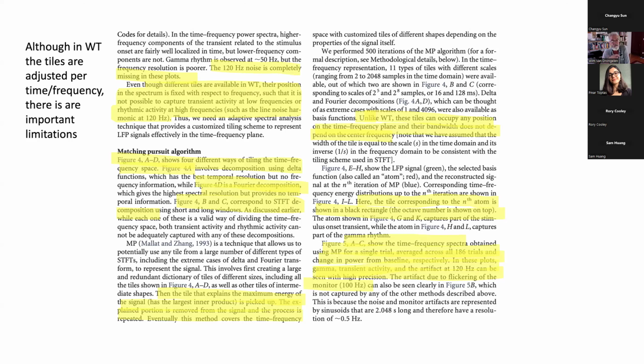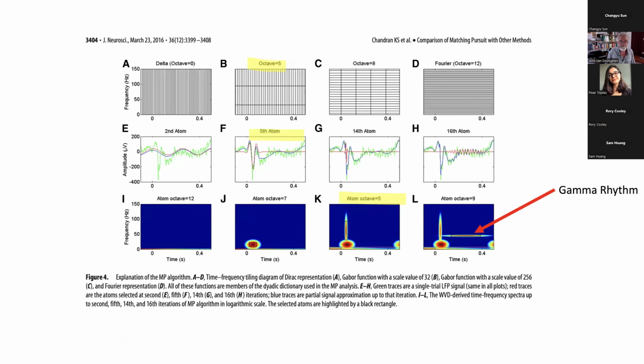They define a bunch of tiles a priori, which they call a dictionary of atoms, and then they grab the atoms sequentially, the atoms that fit the best with the signal. We're going to talk about the detail a little bit more in a bit as well. And then they keep going at this, and based on that, they are going to create a time frequency spectrum. And here is that figure.